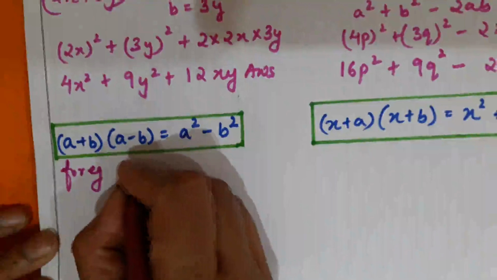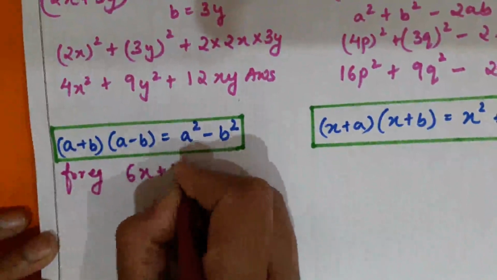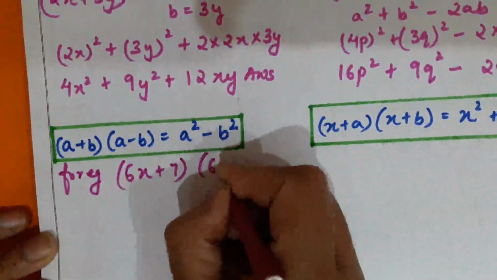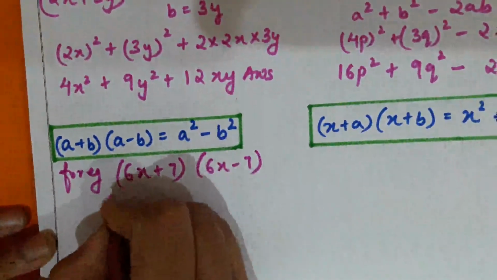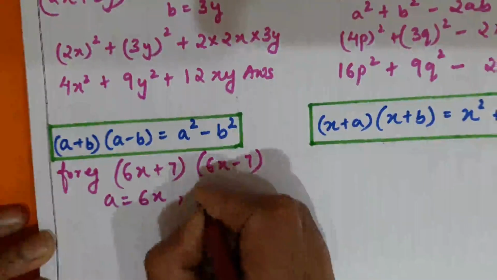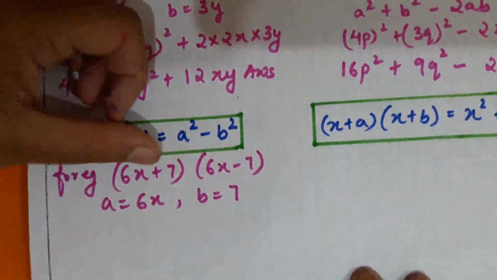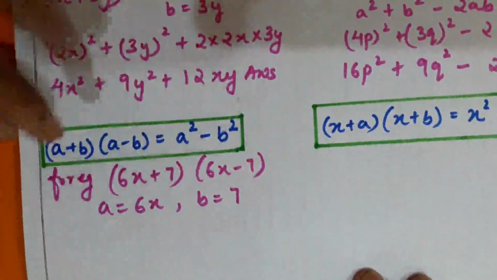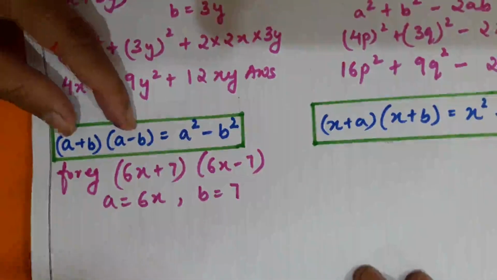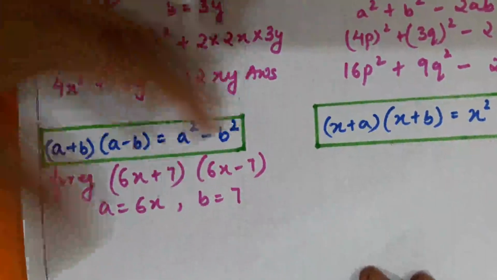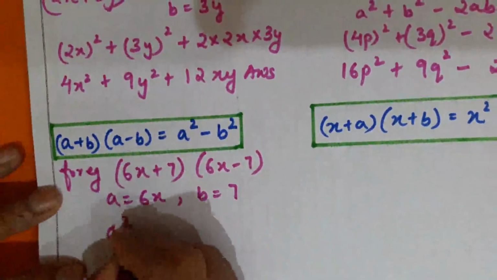For example, if you are having 6x plus 7, 6x minus 7. Now a is 6x and b is 7 here. So it means 7 is plus, 7 is minus. So it is suitable for this identity. You can write in this way also. So a square minus b square.